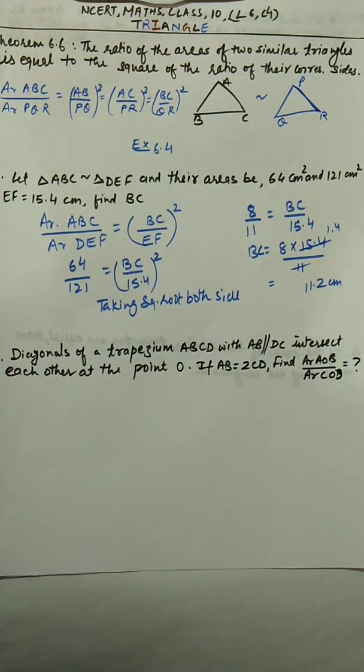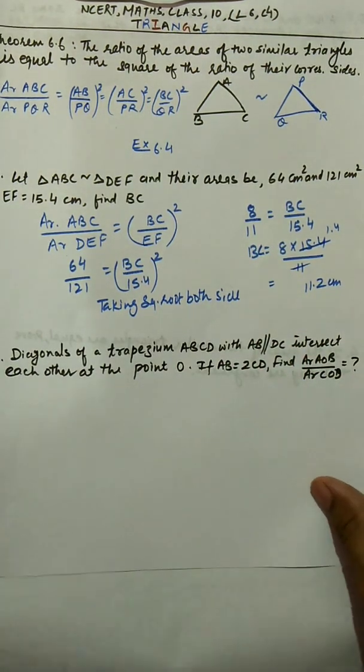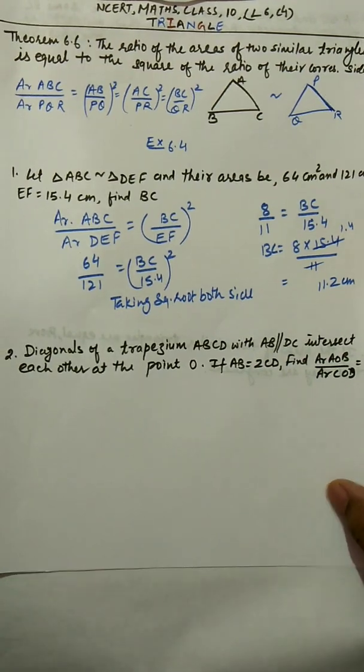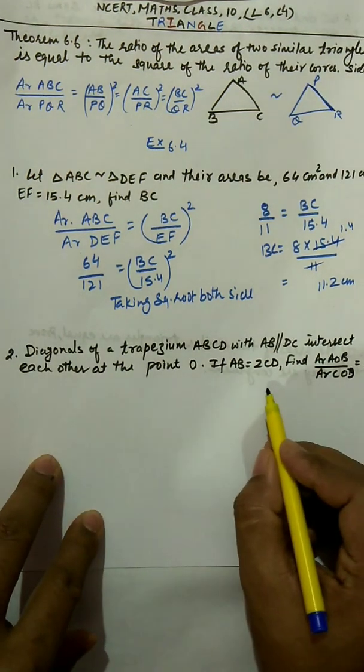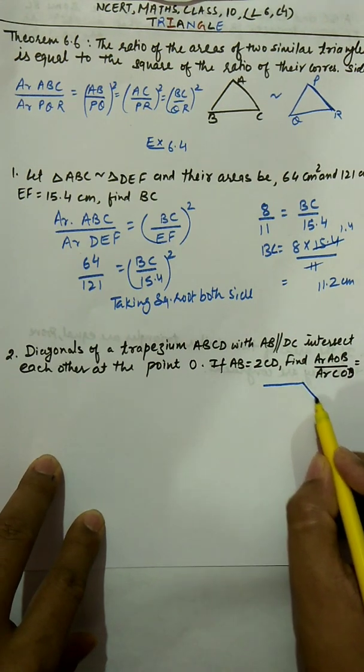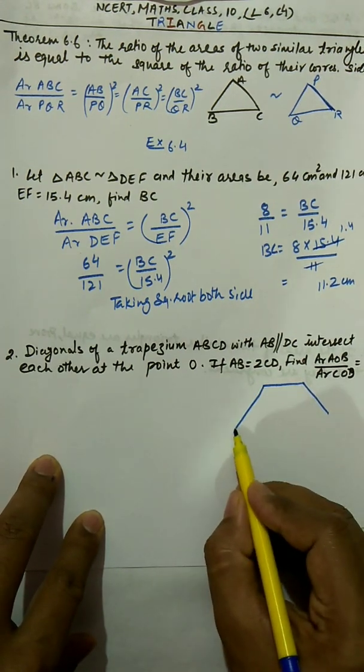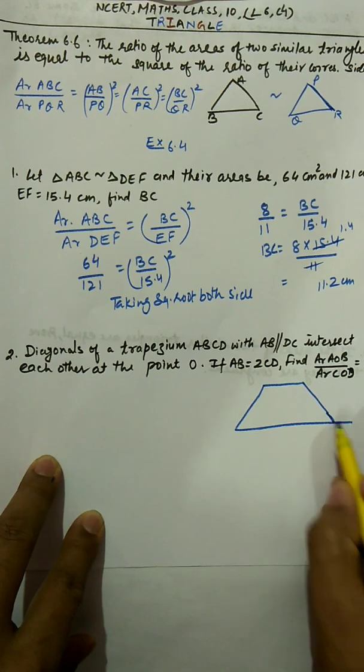Now come to the next question, question number 2. Diagonals of a trapezium ABCD with AB parallel DC intersect each other at O. If AB equal to twice of CD, then you have to find the ratio of area AOB and area COD. So first we make this trapezium.